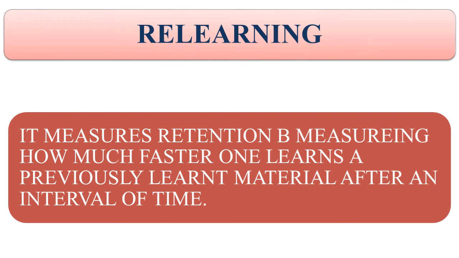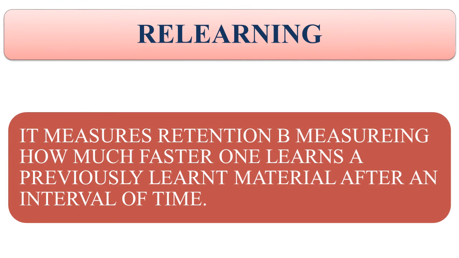The comparison of retention scores at the time of first learning and the second learning shows that there is improvement in terms of time, number of trials taken, etc. Thus, by relearning, there is saving of time taken to learn the same material.